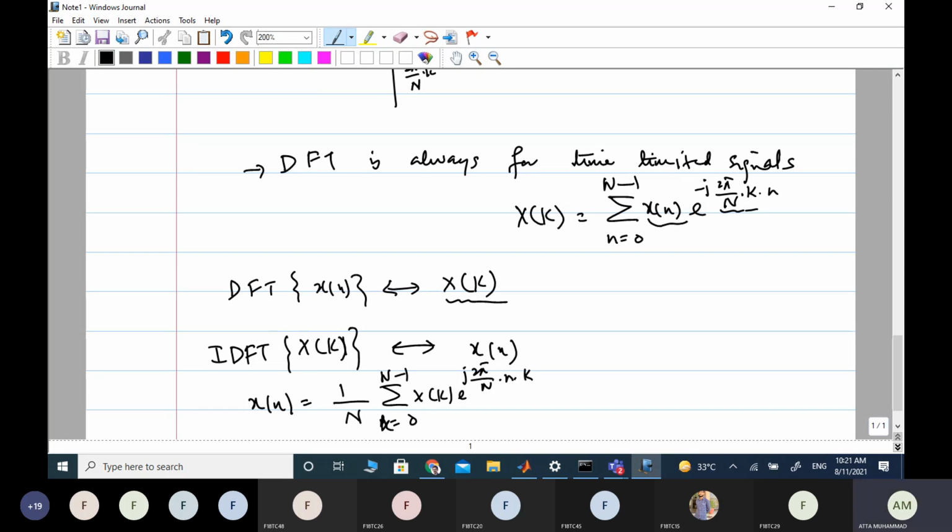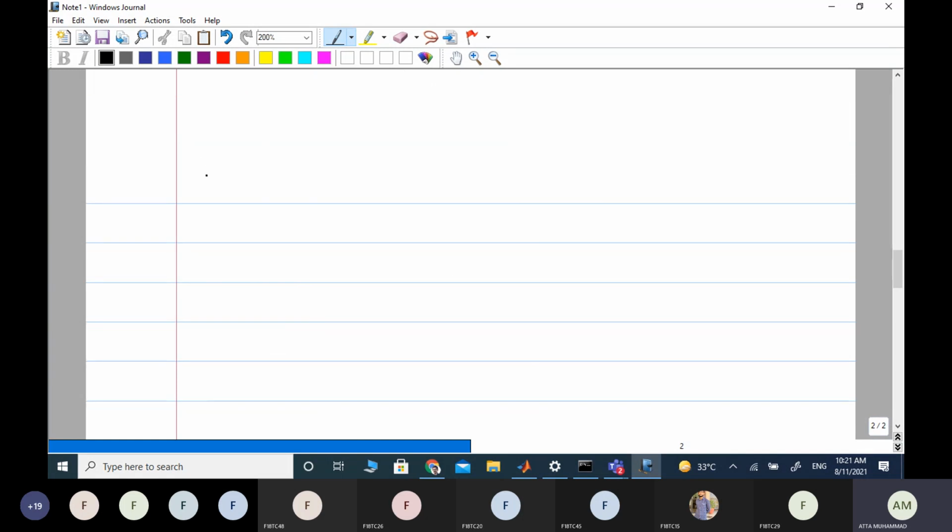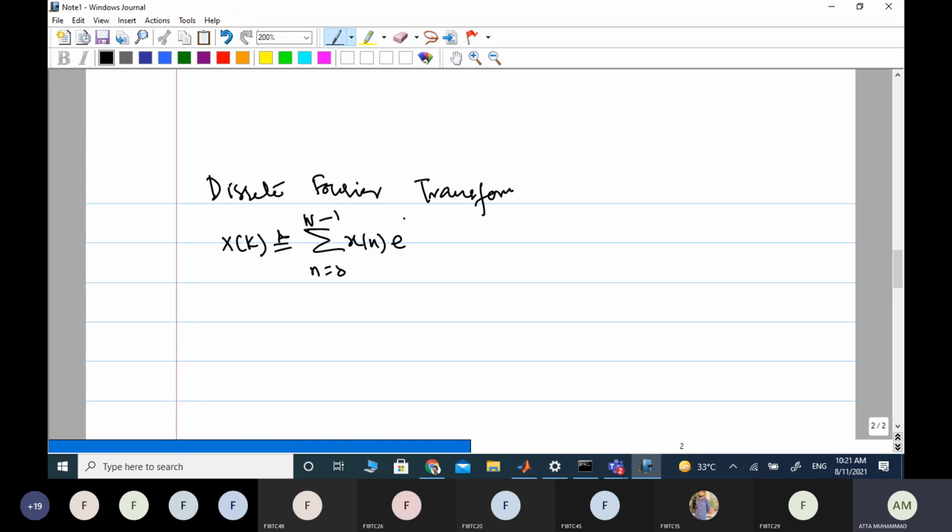Okay, so let me summarize it. By definition, the discrete Fourier transform is given by X of k equals summation n from 0 to n minus 1 x of n e to the power minus j 2 pi by n times k times n.